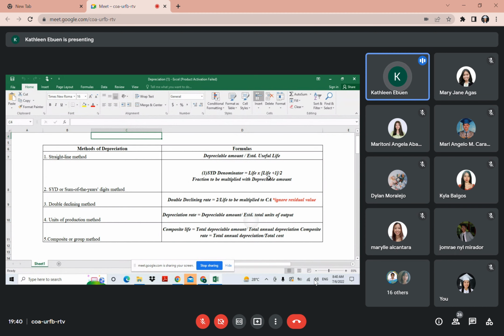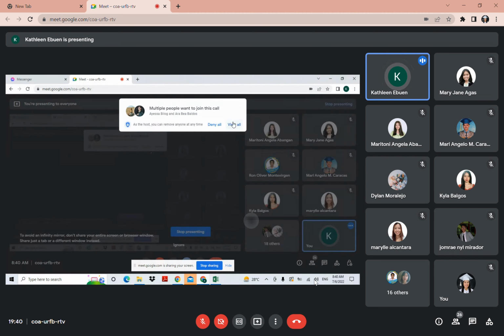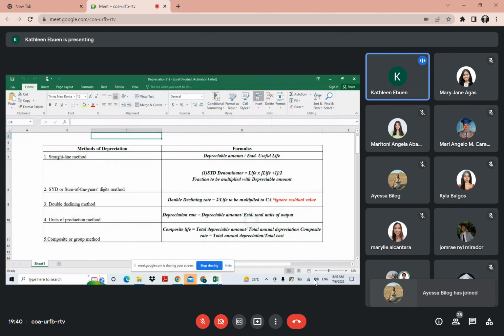So kapag nakalimutan nyo class yung formula ng SYD, pwede din naman 1 plus 2 plus 3 plus 4 plus 5, that is equals to 15. So, makukuha nyo pa rin yung SYD denominator.